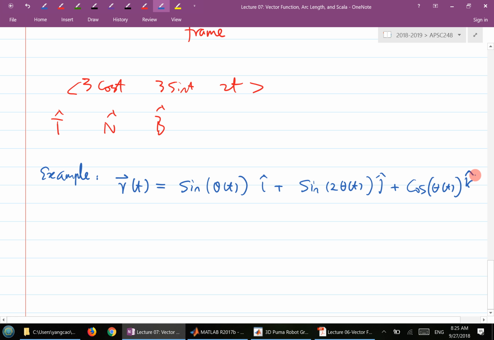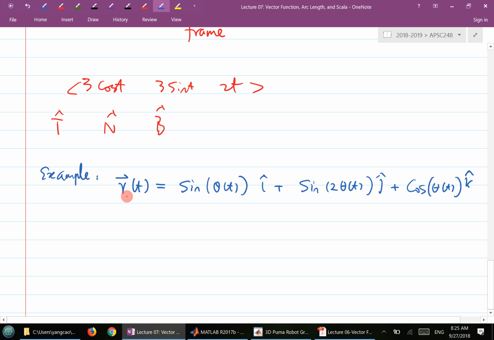Now this one is not a parametric equation like the other examples, because it's all symbols, first of all. There are no specific values for theta here, right? So there is theta of t, but it's still a parametric equation.